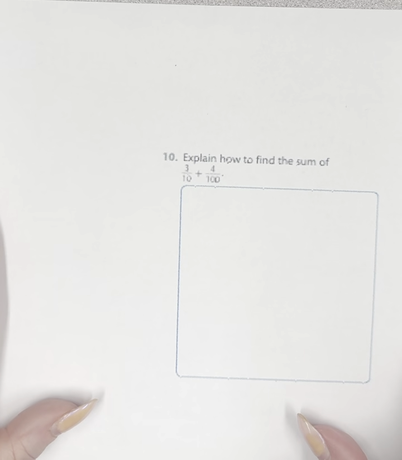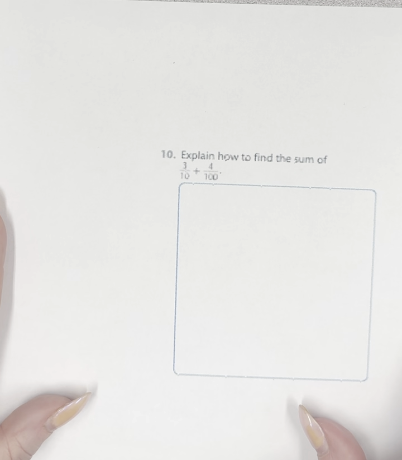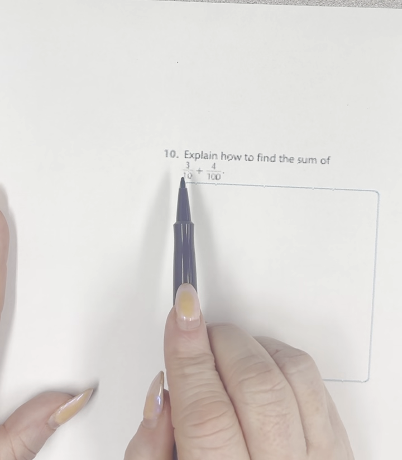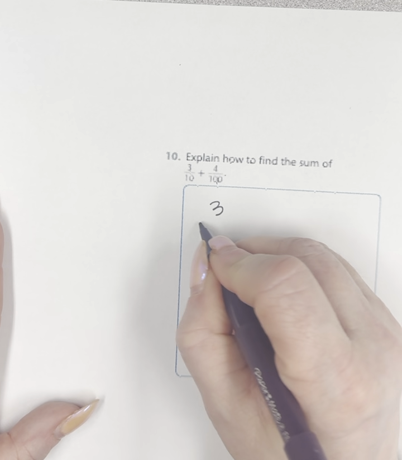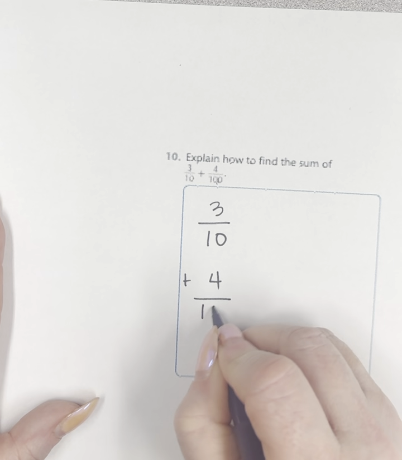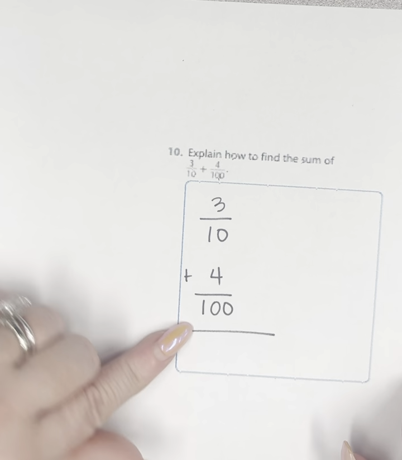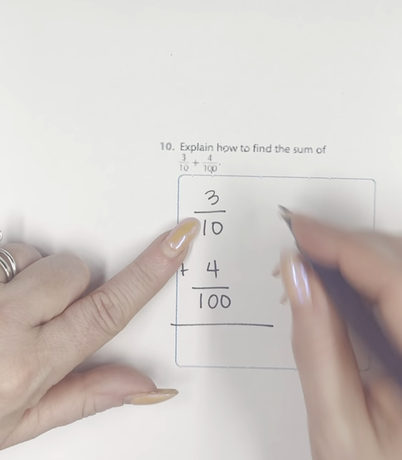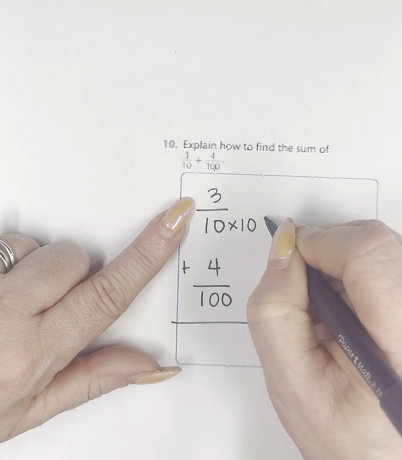Number 10, explain how to find the sum of 3/10 plus 4/100. Well, right away I'm seeing a problem. You cannot add unlike denominators. Your denominators have to be the same, and you know how I feel about vertical. I'm a big fan. So now I have to convert one of these fractions to make them equal, and I'm going to convert this top one to make sure that these are hundredths.